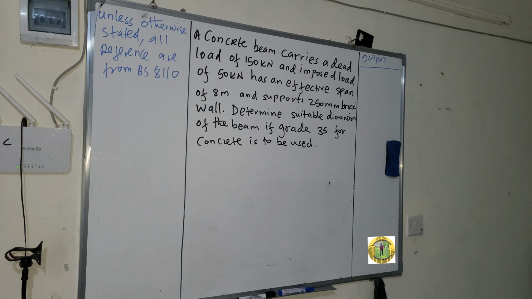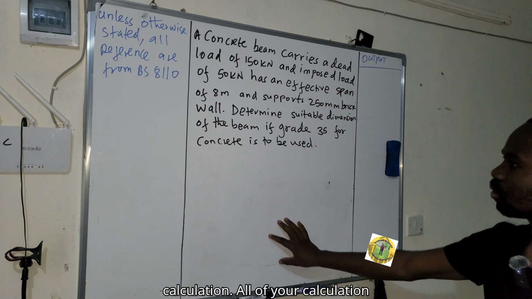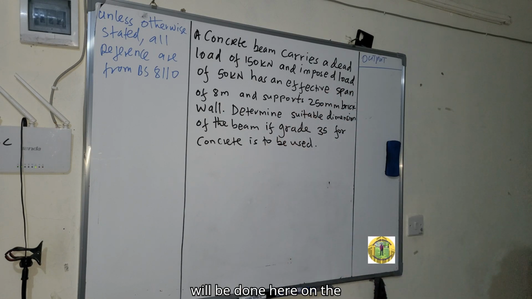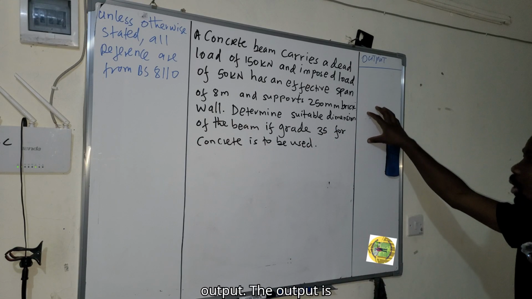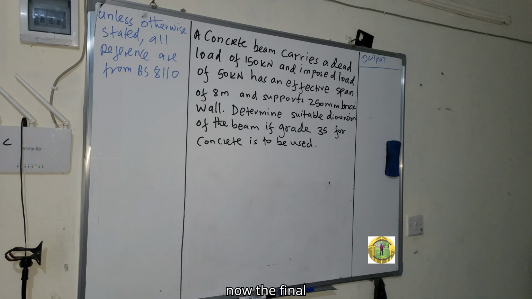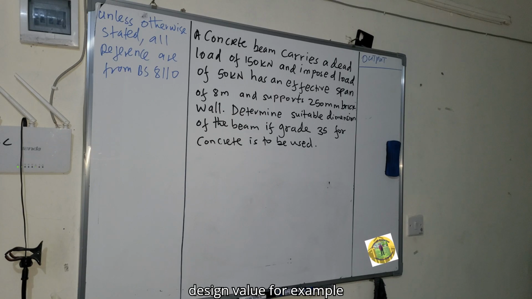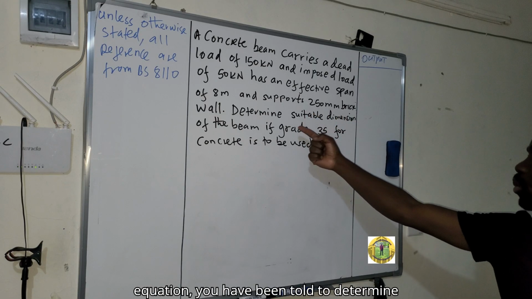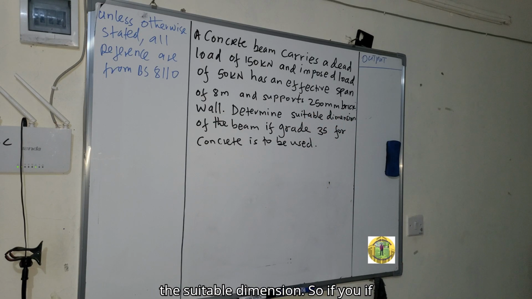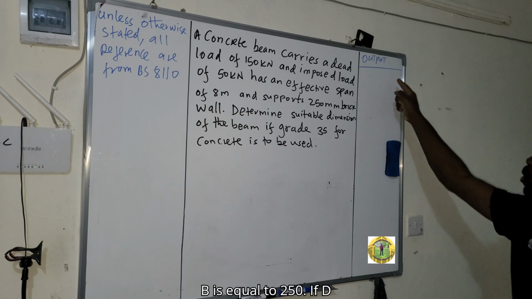And then this is where you will be doing your calculation. All of your calculation will be done here in the middle column. And then we have the output. The output is the final design value. For example, if you have been told to determine the suitable dimension, and your final B is 250, then you will say B is equal to 250.